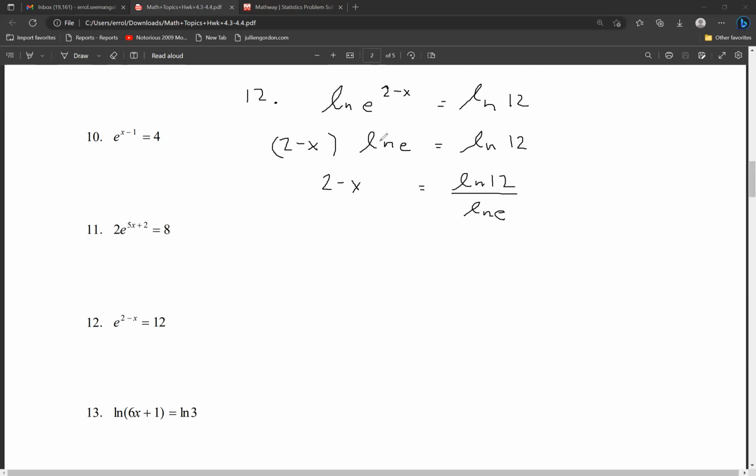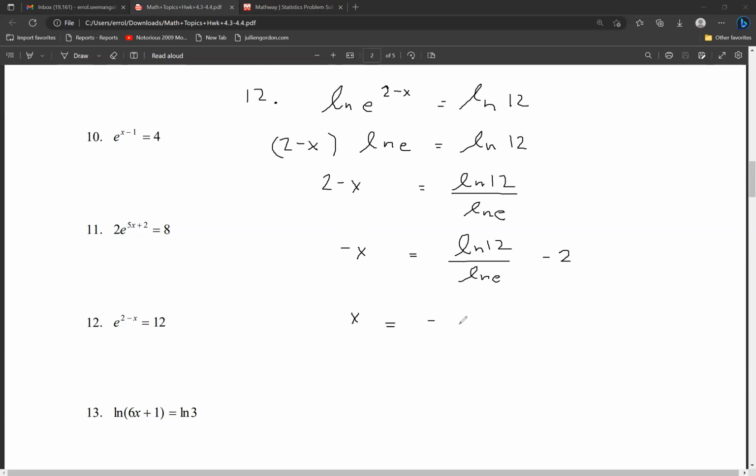Okay, so now we're gonna subtract 2 on both sides. So negative x equals ln 12 over ln e minus 2. So then if negative x equals that, just flip all the signs.